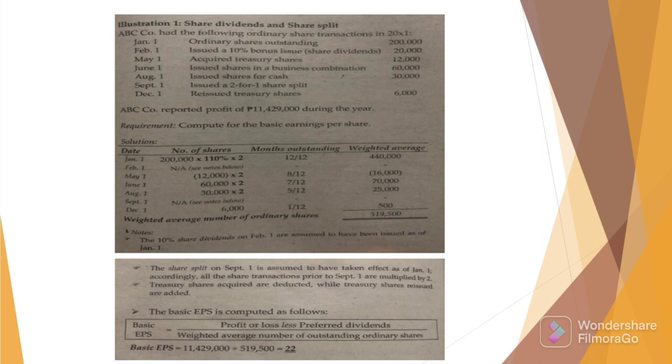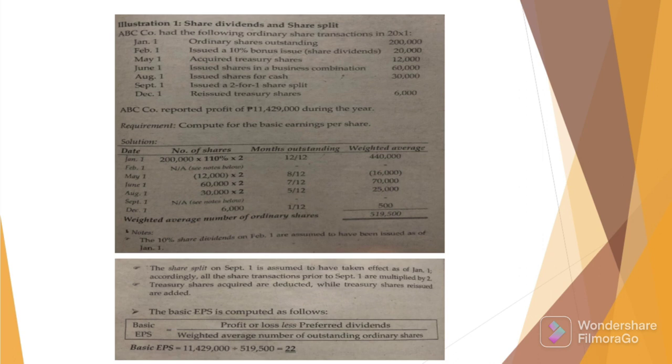So, sa January 1, number of shares niya is 200,000 na nasa given. Ito times natin sa 110% times 2. 200,000 kasi beginning of the year siya outstanding, meaning 100% yung record. And bakit 110% yung nandito, hindi 100% lang?